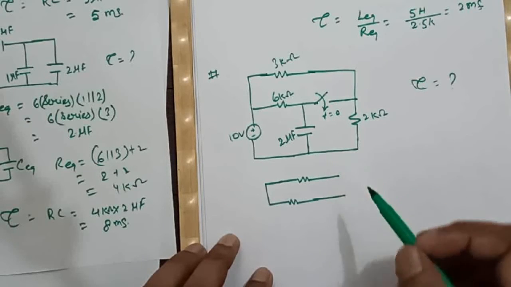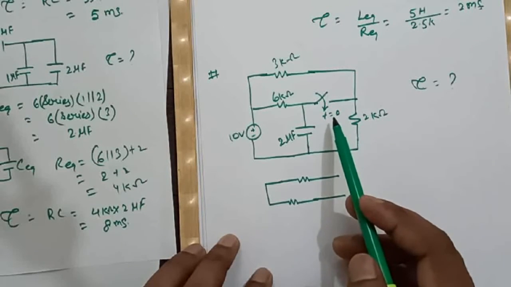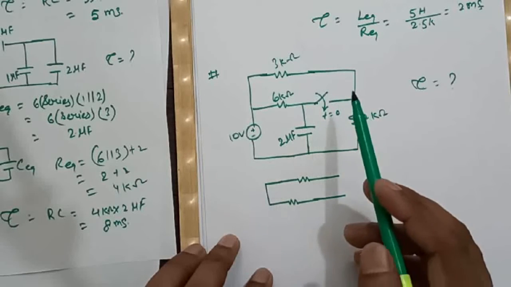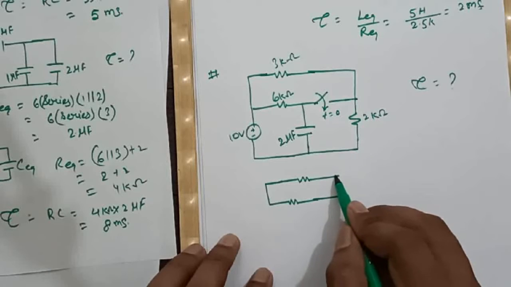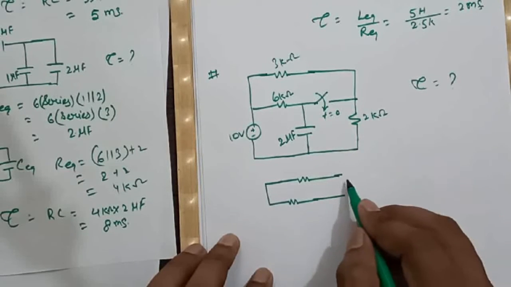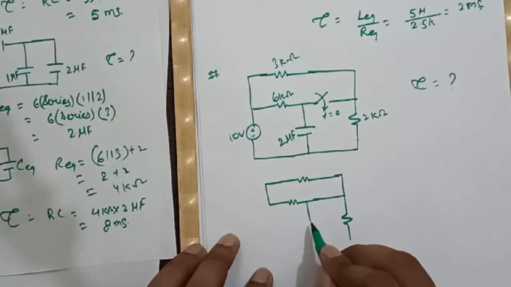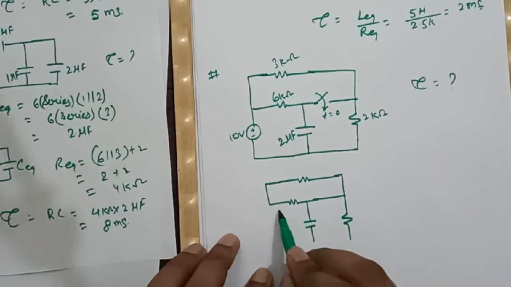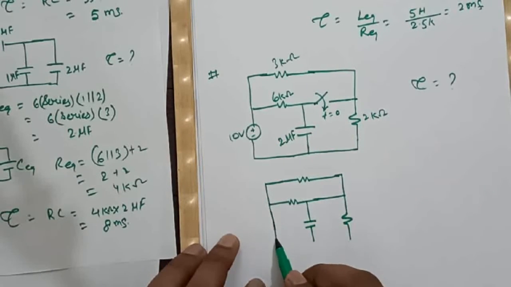And also I said that the circuit will be observed after closing or opening the switch, means at time t equal to 0 plus. At time t equal to 0 plus, this switch will get closed, and after removing this voltage source, it will get replaced by a short circuit.